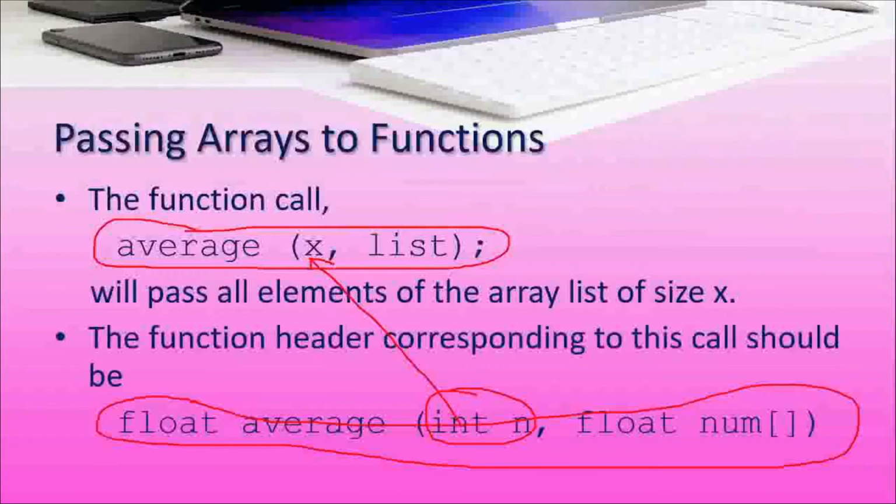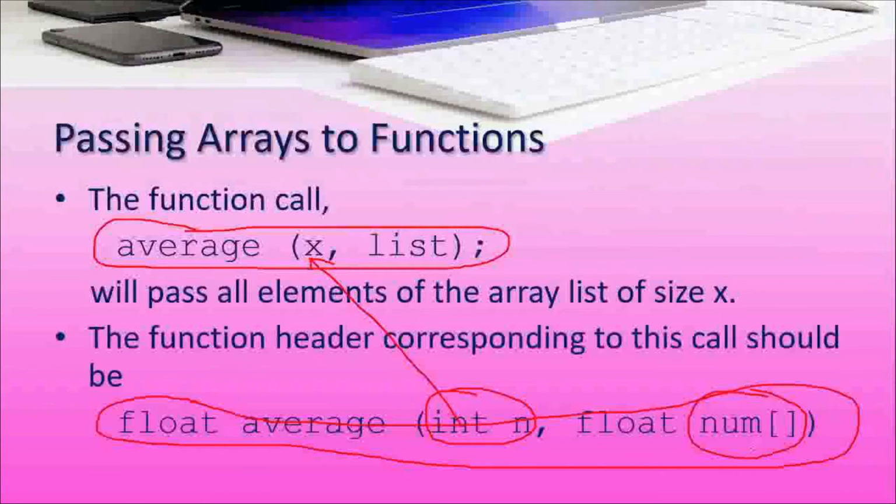This integer value should be the number of elements within the array num. The array num contains floating point values.